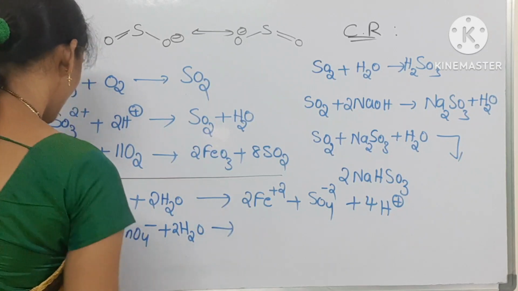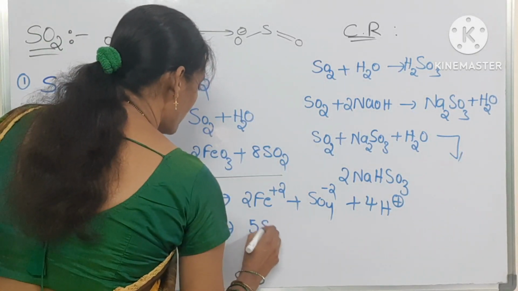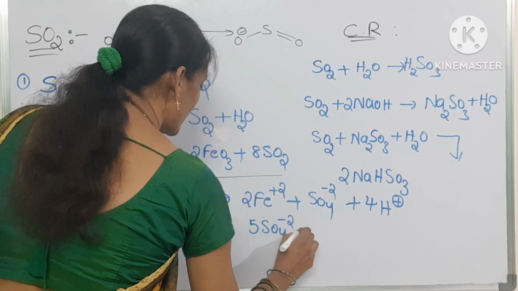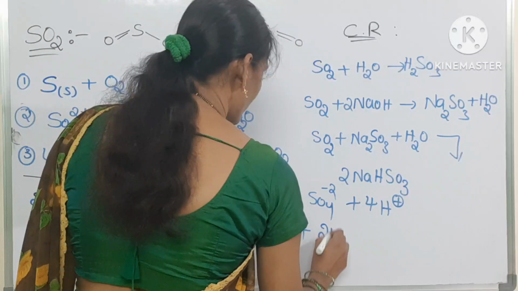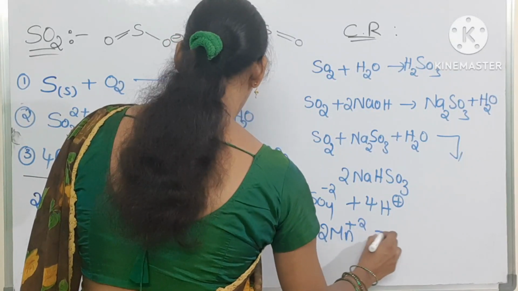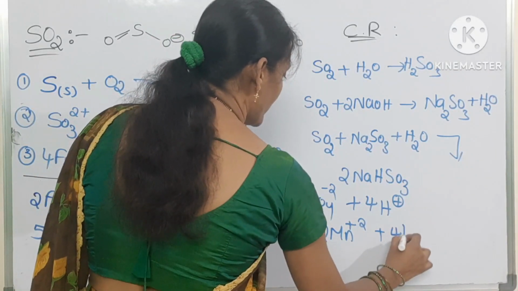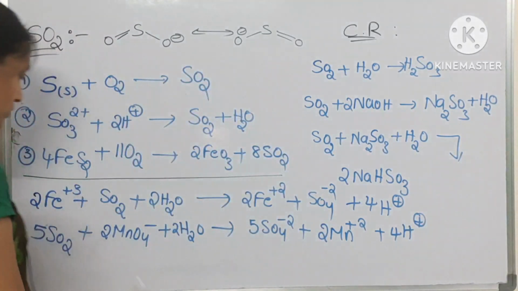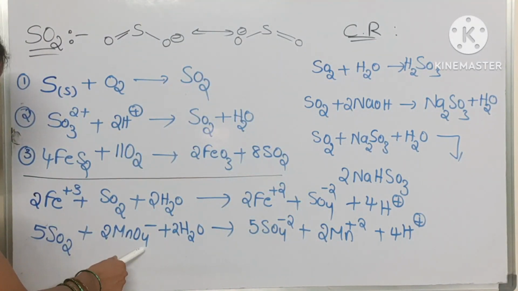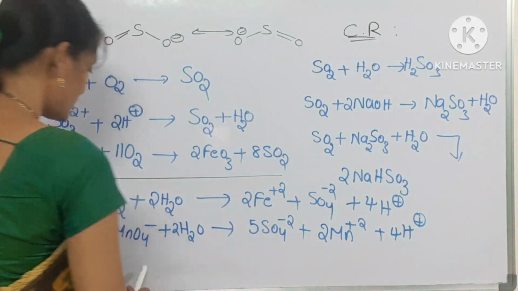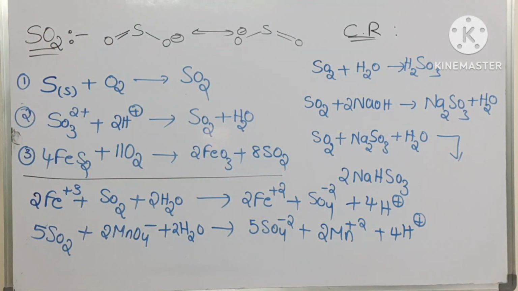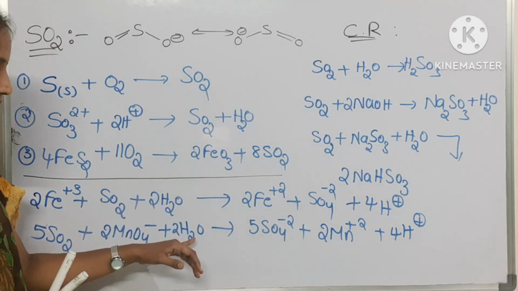So you will get 5 moles of SO4 minus 2, the sulfate ion, and then 2 moles of Mn plus 2, and then 4 moles of H plus ions. See how many oxygens: 4 twos, 2 fours 8, 5 fours 20, 20 oxygens completed, 4 hydrogens and 2 manganese, Mn plus 2 ions.